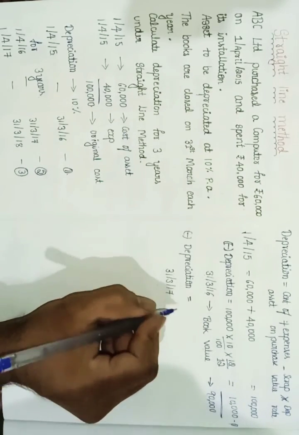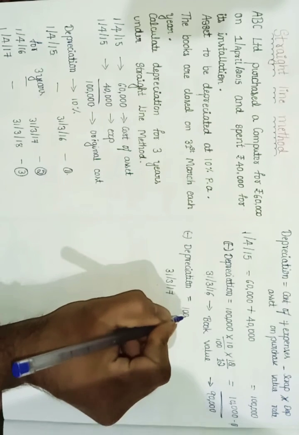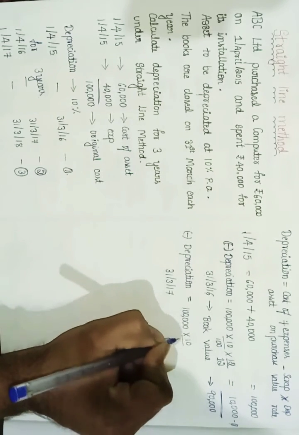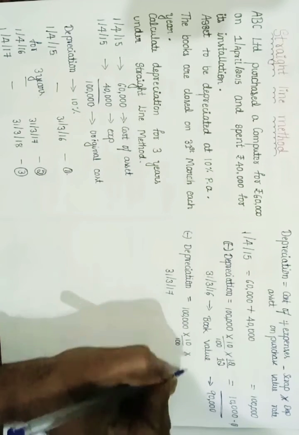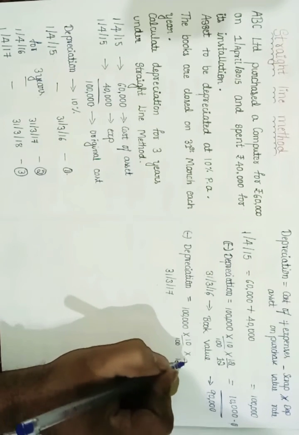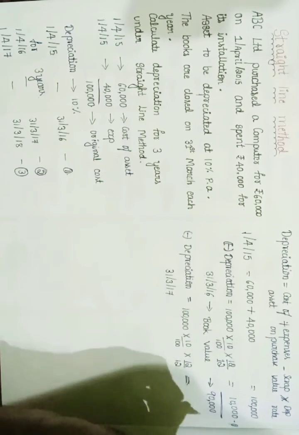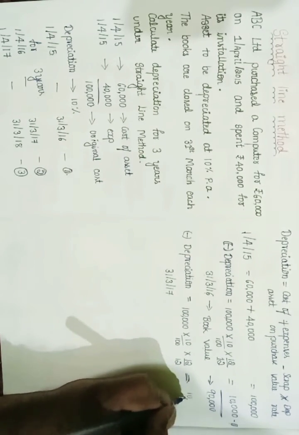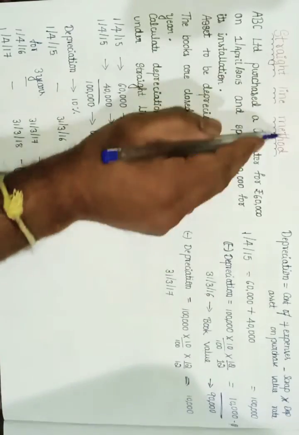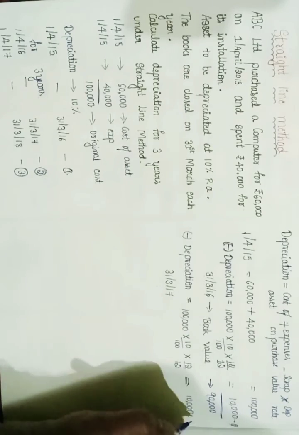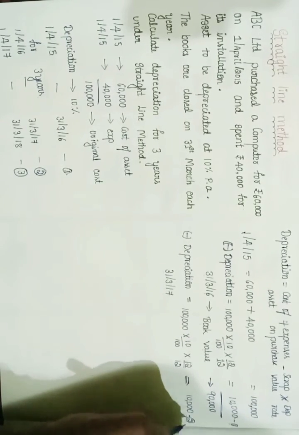Here the original cost is 1 lakh rupees into 10% depreciation rate into out of 12 months, we are using the entire 12 months, then the depreciation amount will be 10,000 again. See, straight line method: your depreciation amount remains the same from one year to another. It is for the second year.